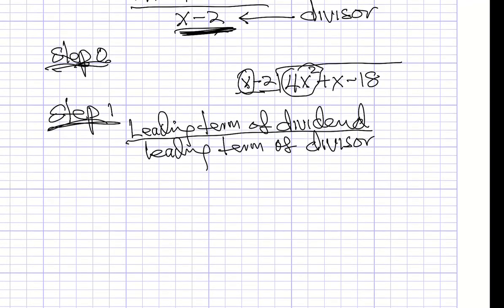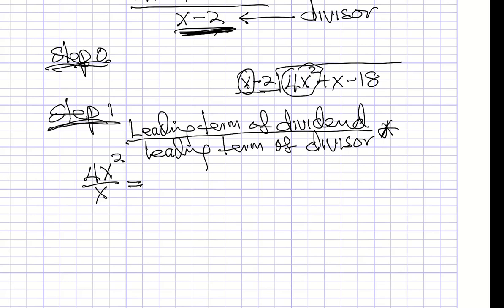Okay, this step is important. So let's do it. The leading term of the dividend is 4x raised to power 2, right? And the leading term of the divisor is what? It is x. So we'll work that out. That's why we practiced dividing monomials.